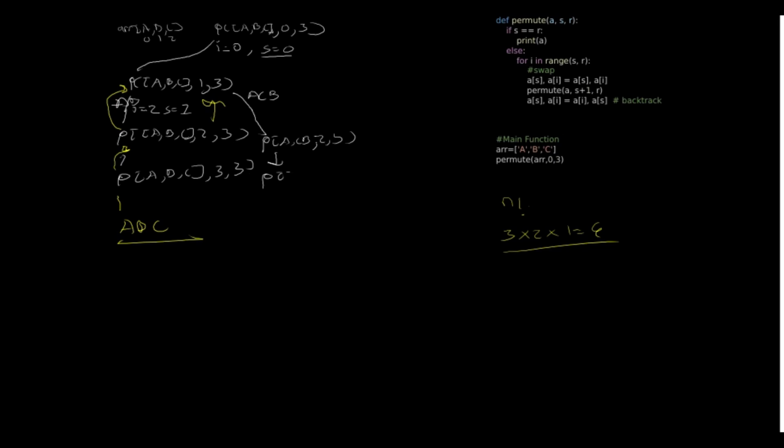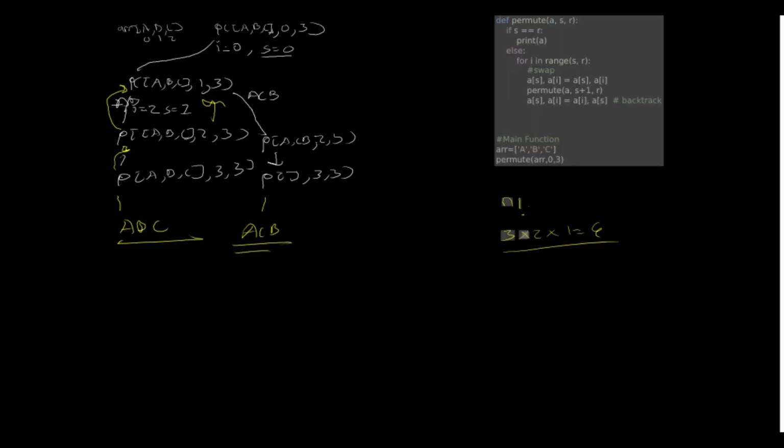Go here and repeat. The array is the same. Now it's 3, 3. Now the output is A, C, B.